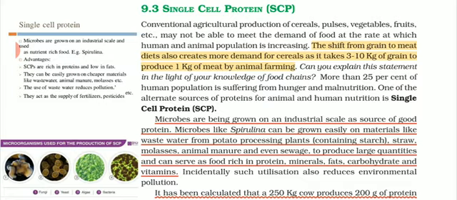Conventional agricultural production of cereals, pulses, vegetables, fruits may not be able to meet the demand of food. Why? Because population is increasing. That's why we have to shift from grains. All the grains which we are eating, either you are eating a dal, pulses, that is a grain, cereals you are eating, right? So to meet diets also create more demand for cereal.